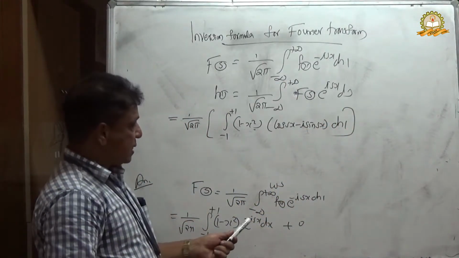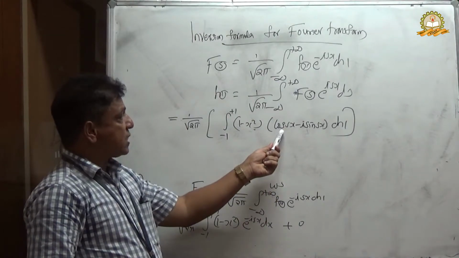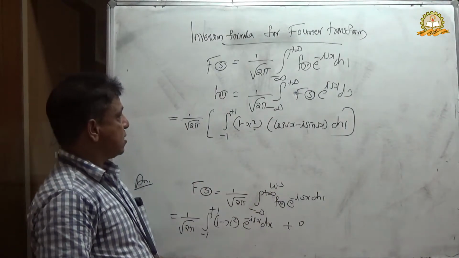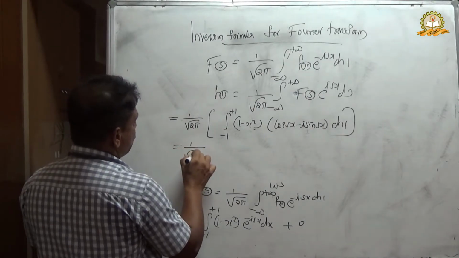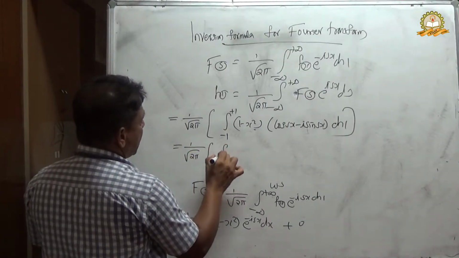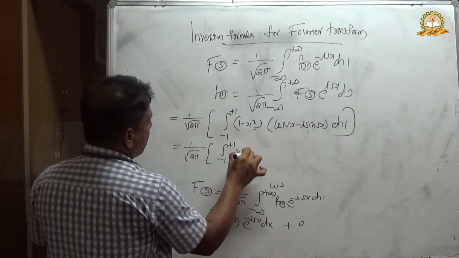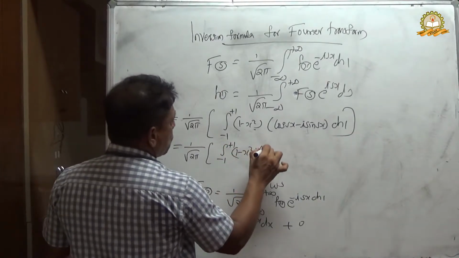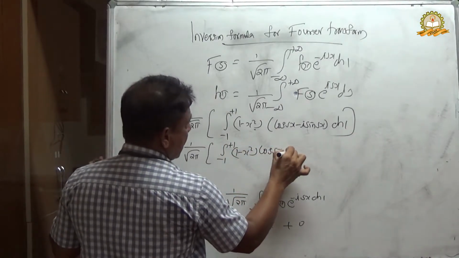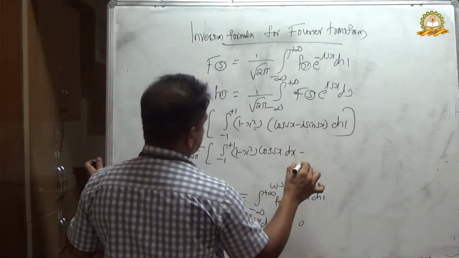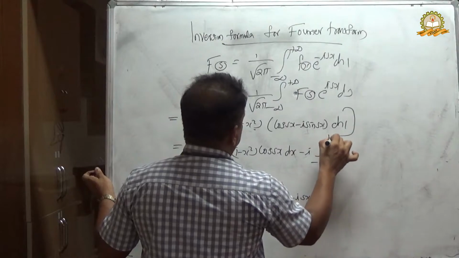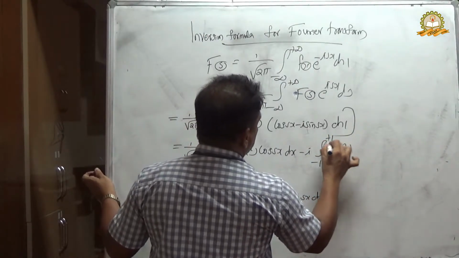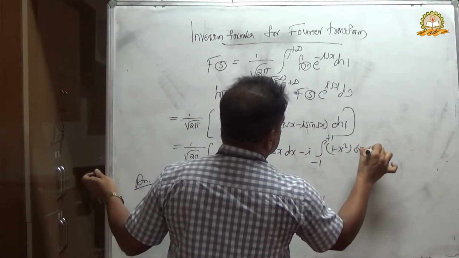E raised to minus isx can be taken as cos sx minus i sin sx. Then, multiplying, 1 by root of 2 pi times the integral from minus 1 to plus 1 of 1 minus x square into cos sx dx, minus i times the integral from minus 1 to plus 1 of 1 minus x square into sin sx dx.